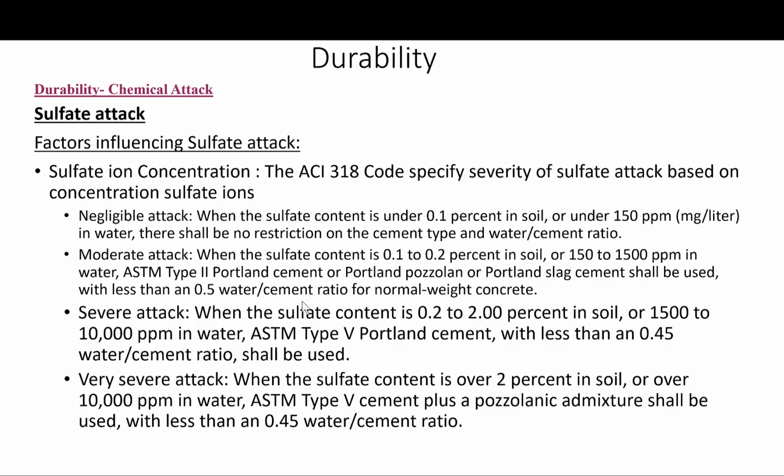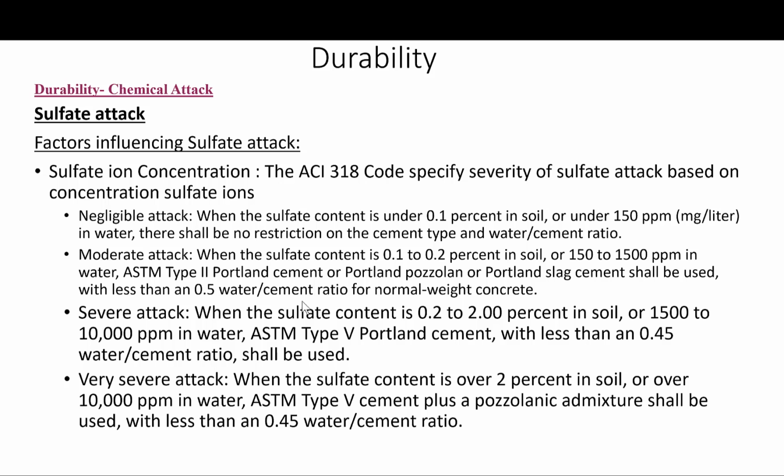The first one, we will consider the sulfate attack negligible when the sulfate content is under 0.1% in soil, or under 150 parts per million in water. Okay, there shall be no restriction on the cement type and the water cement ratio.